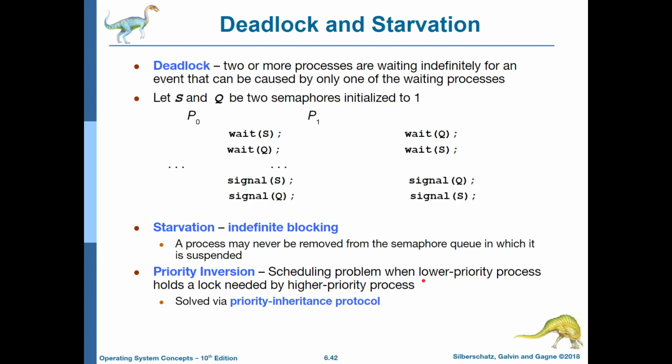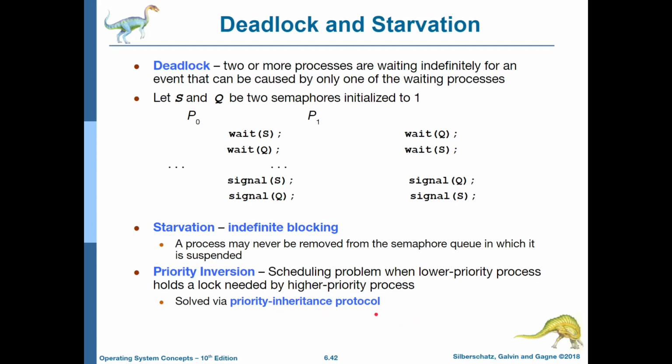When a high priority process cannot continue execution because medium priority processes are being scheduled, this is called priority inversion.